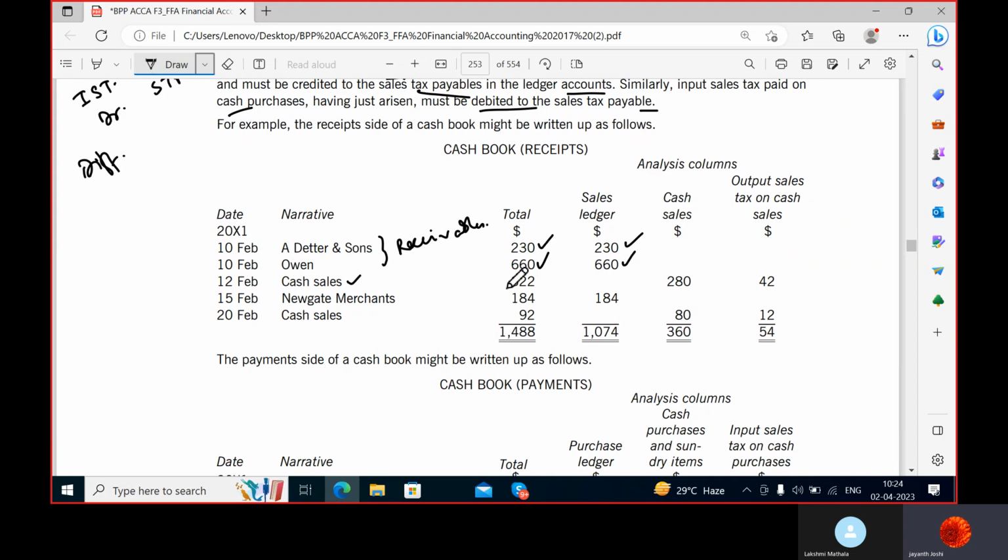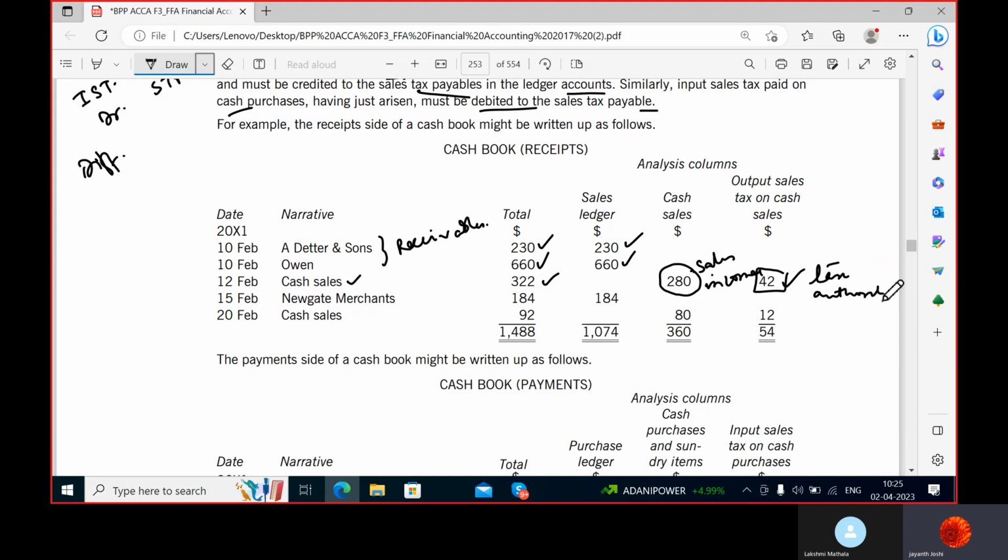Now for cash sales, we don't write the name of that particular person. So 322 has been made as sales, out of which 280 is revenue, sales income, and 42 is our output sales tax. So 42 is what we have collected on behalf of tax authorities.